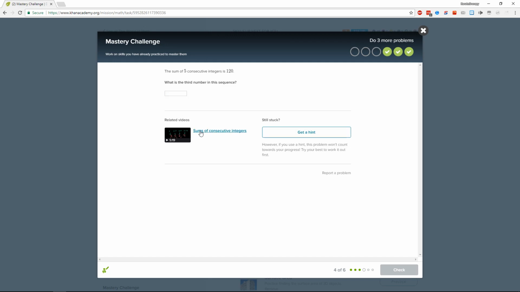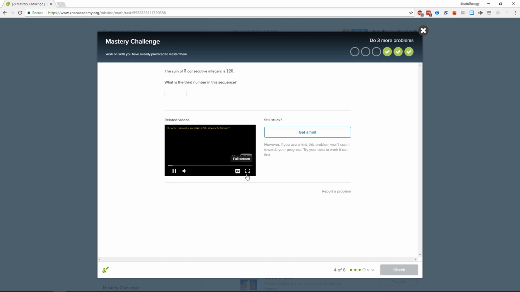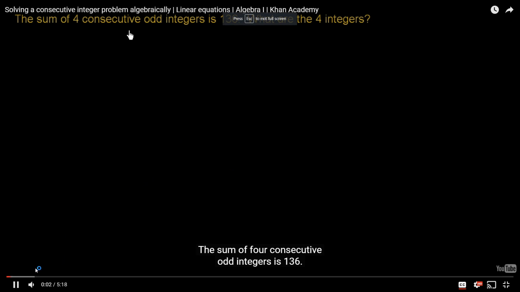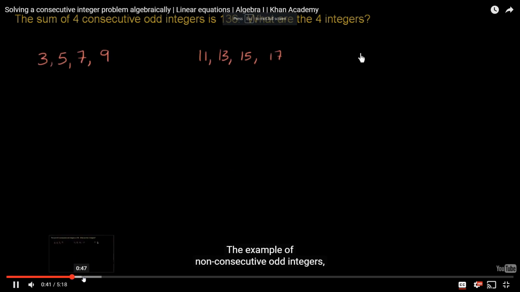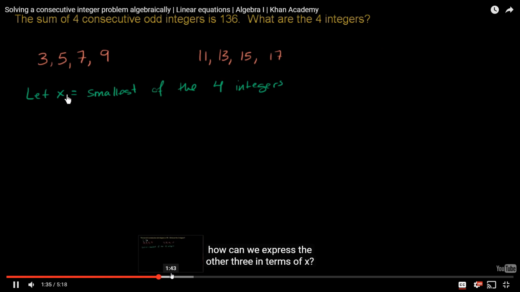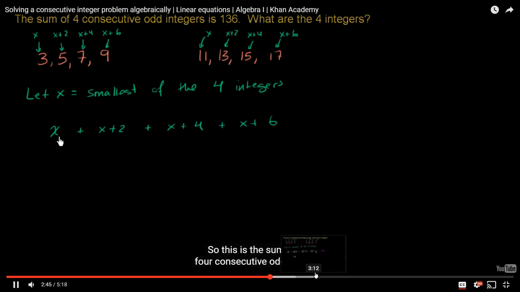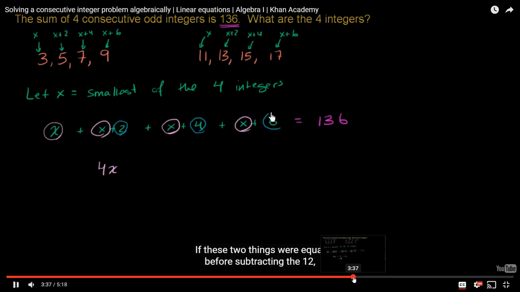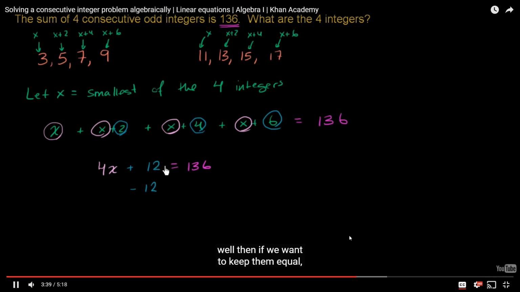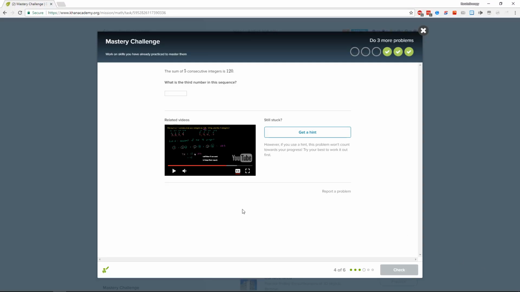How do they sum? Is there some trick? Consecutive integers in terms of x. Oh, I see. Yeah, so you just make a formula.